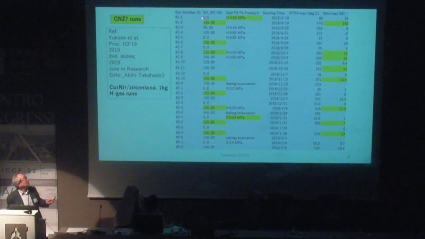After room temperature gas absorption, starting with this gas pressure, and after the saturation of the absorption, we elevate the temperature, and suddenly, after 1 hour or so, we found a big heat burst, 152 watt. Actually, this was about a 3 kilowatt, 100 second heat burst, which we found later by analysis.